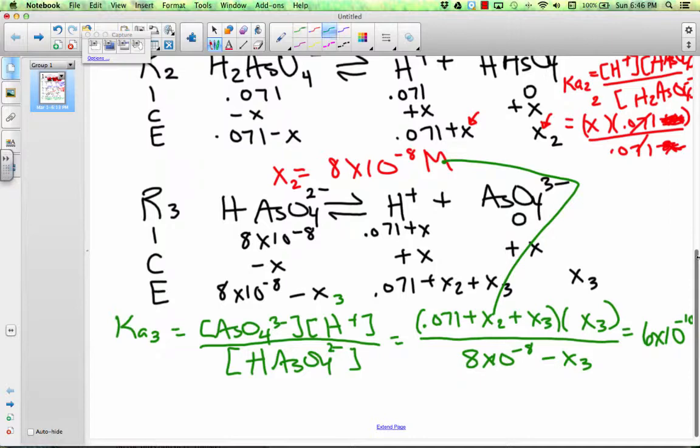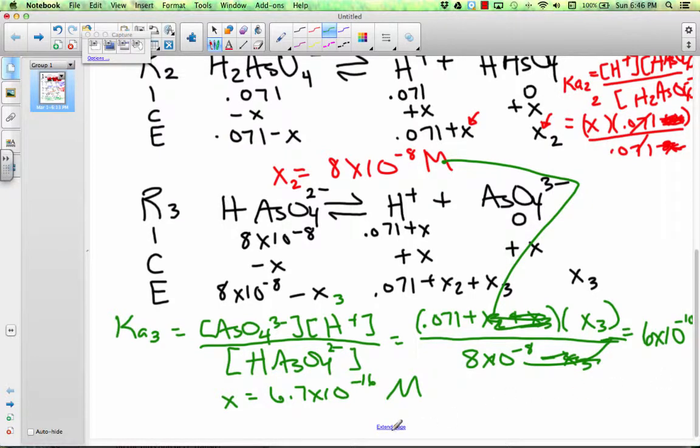So then I use my solver or my small x assumption, which is easy to do. These are so small they don't even count. So x is going to be equal to, let's see, multiply that one across and that one. So I get x is equal to 6.7 times 10 to the negative 16 molar.